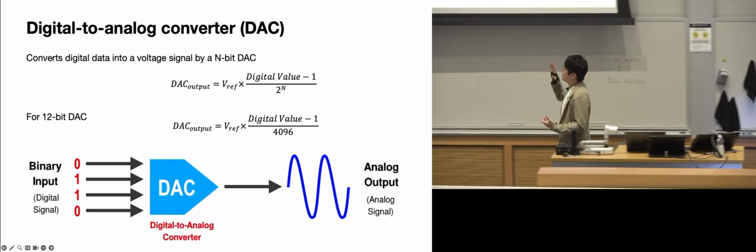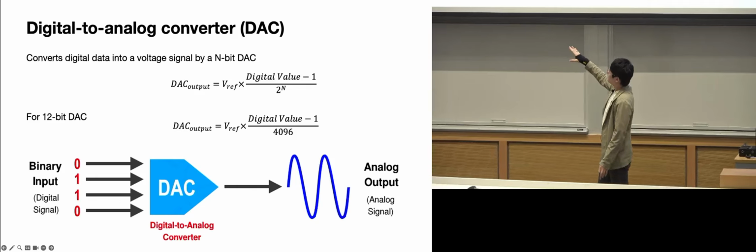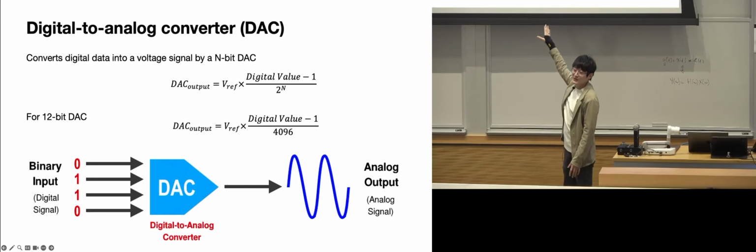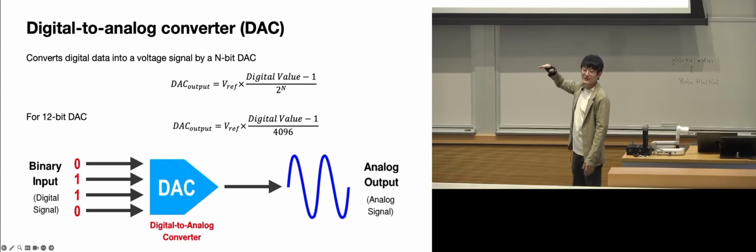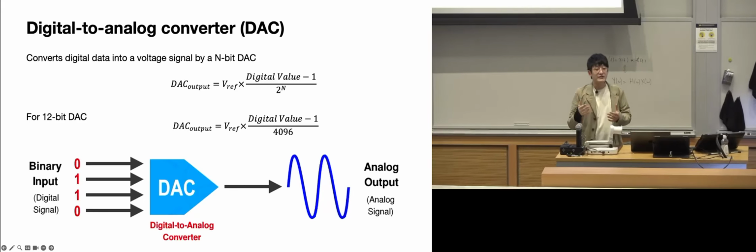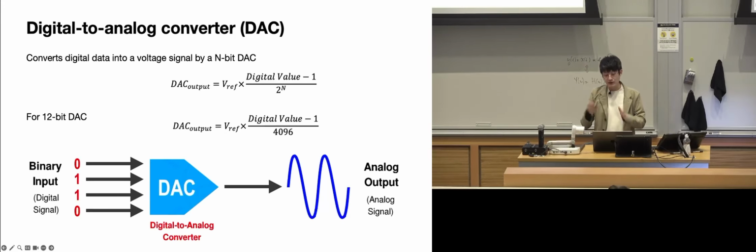This is a very simple example. This is only 4-bit, so the output signal is not going to be this smooth. It's going to be a little bit stepped. But with more bits added to the DAC, the smoother the entire wave will look, though it also depends on the frequency of the signal you're outputting.